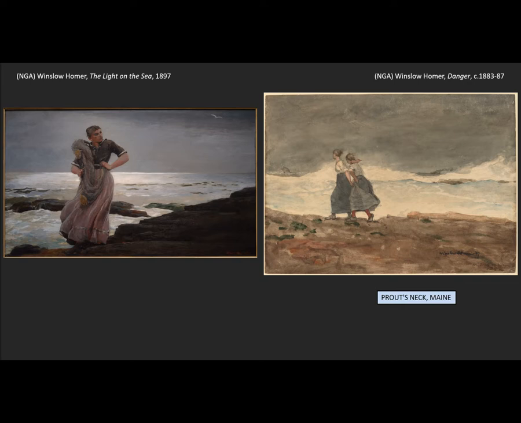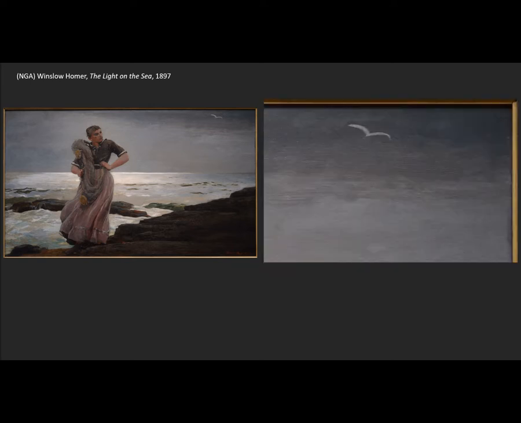Some have suggested that the seagull in the background also may be responding to some sort of unseen sound, right? Our seagull up above, which also seems to be painted at the very, very end of the composition, just quickly on top of the other paint.